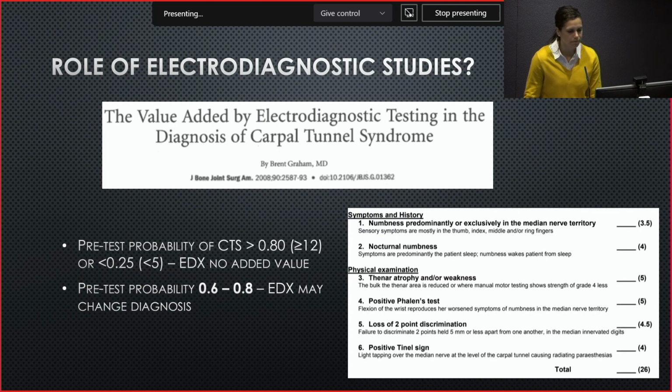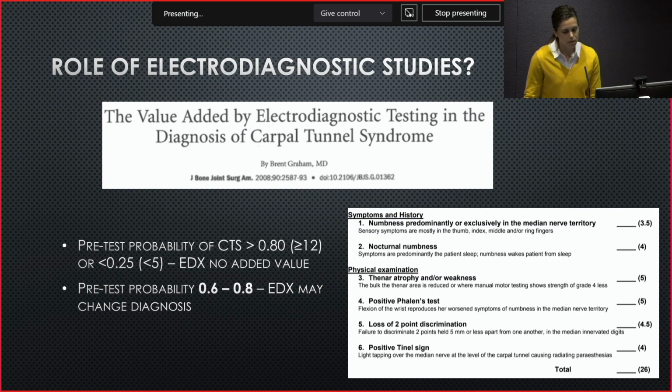So who are they? In this study, published in 2008, they compared the probability of carpal tunnel syndrome being present when the diagnosis was established with either the CTS-6 tool or electrodiagnostic studies. And for the majority of patients, if they are very unlikely to have carpal tunnel syndrome or very likely to have carpal tunnel syndrome based on the score that you get, then electrodiagnostic studies do not provide additional value.